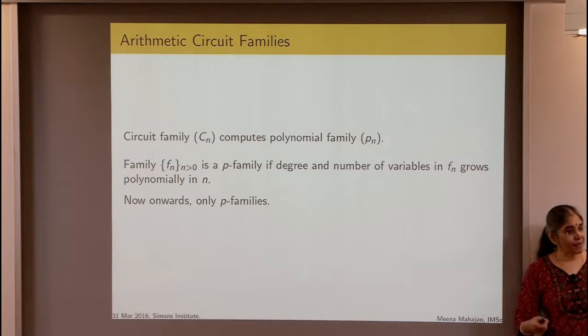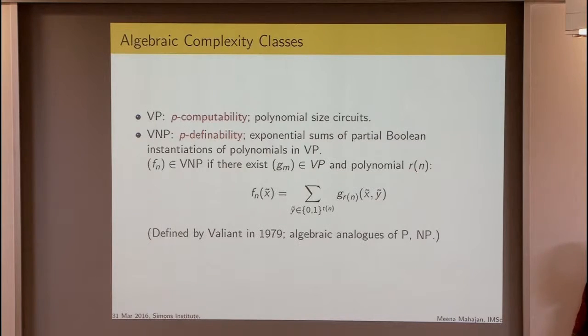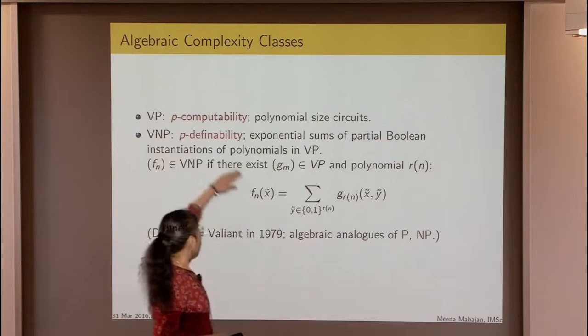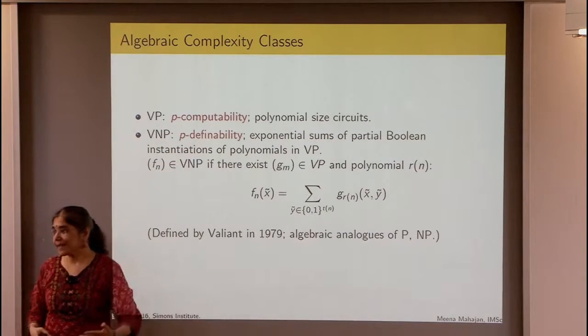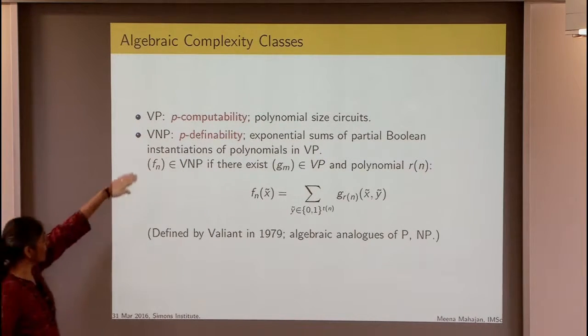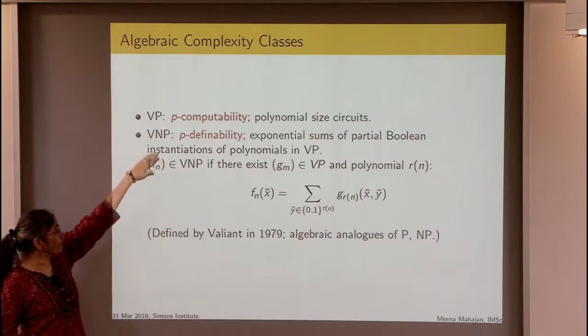And now one could ask, how big is the circuit that computes this polynomial? So the obvious notion is polynomial size computable. If there is a family of circuits of polynomial size which computes this polynomial family, then that's great. And that's what Valiant called P computability when he first defined this class.